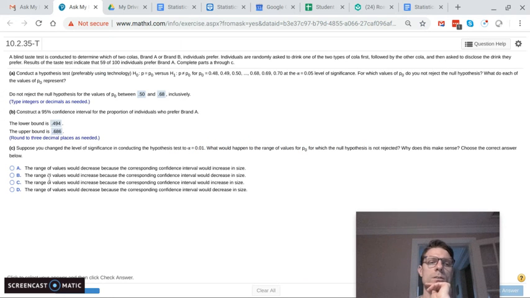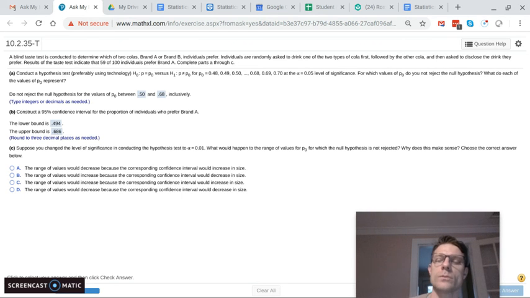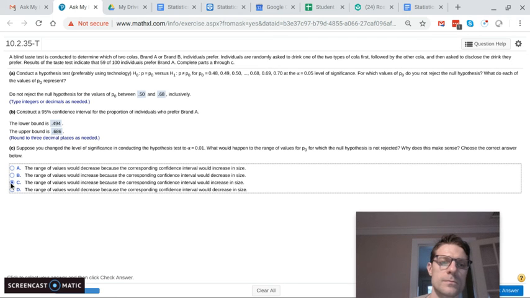Okay, so what would it do to the range of values for p-hat, the point estimate in the first part? Well, more point estimates would not make us reject the null hypothesis. So the range of values would increase because the corresponding confidence interval would increase in size.